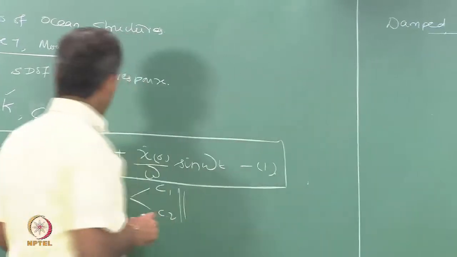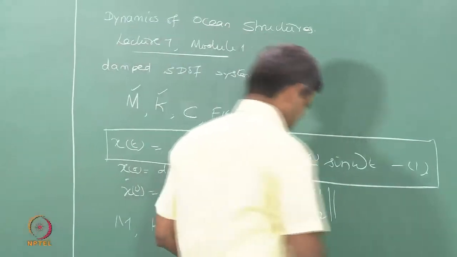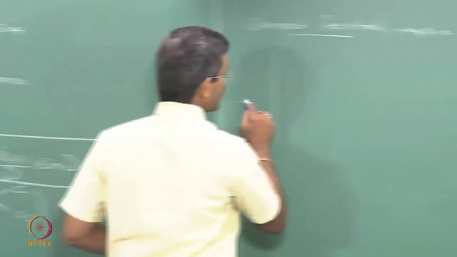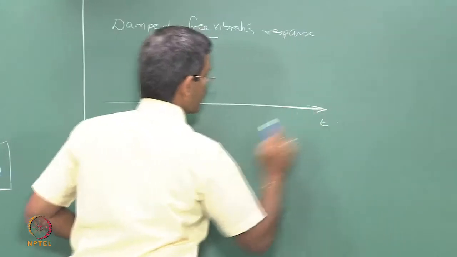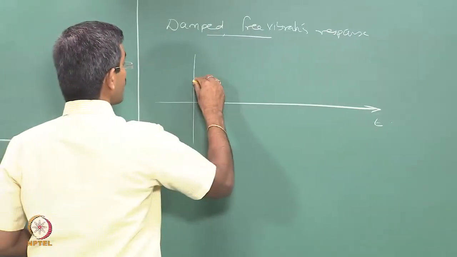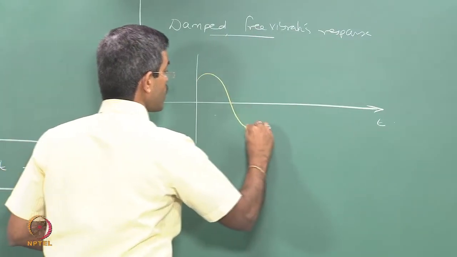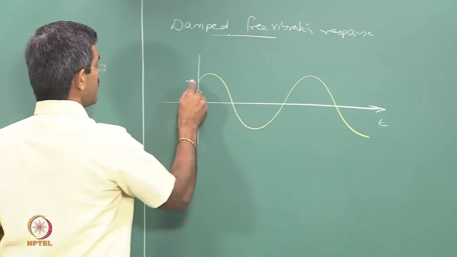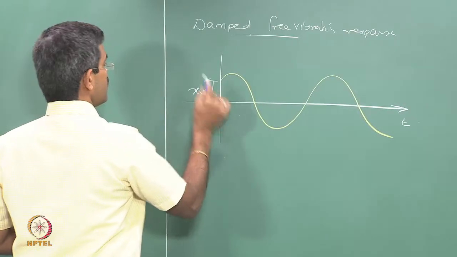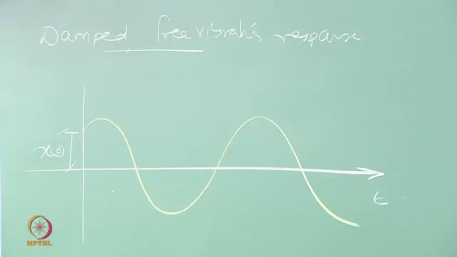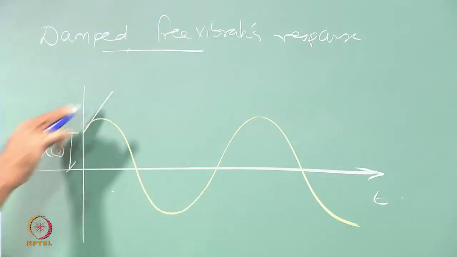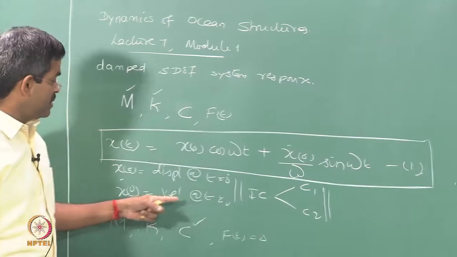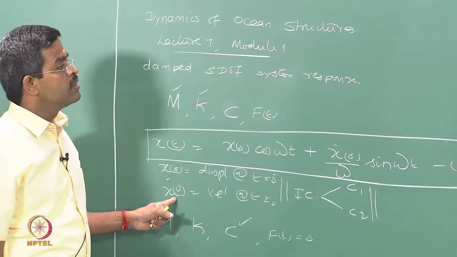Now, let us try to plot this. This is my x 0, so it has an initial slope. x dot 0 is the derivative of that, which is also present, it is not 0.